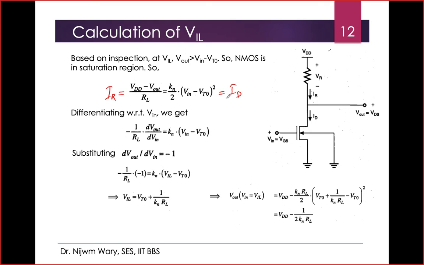If I equate it, I can differentiate it, because I need to get dV out by dV in and equate the slope to be -1 to get the VIL.